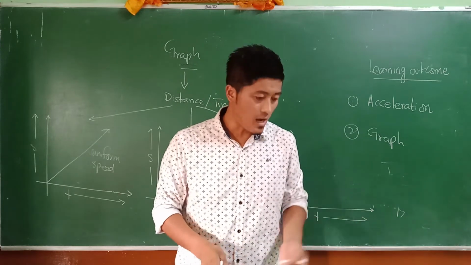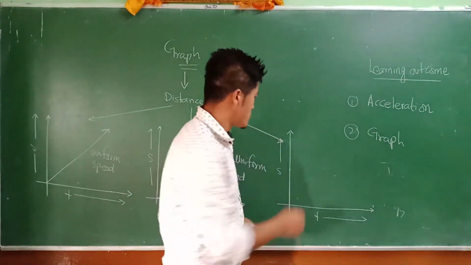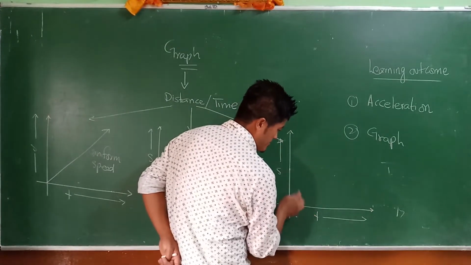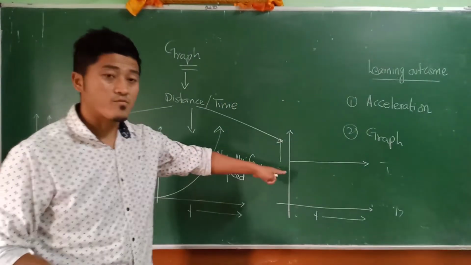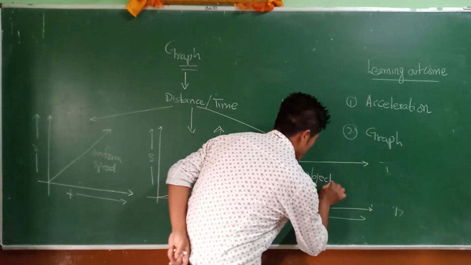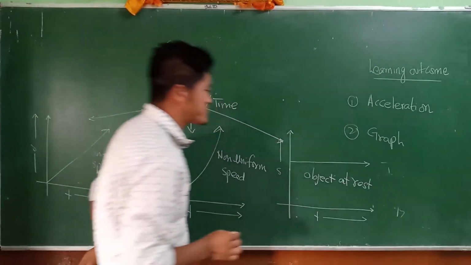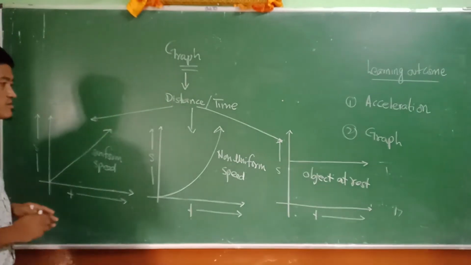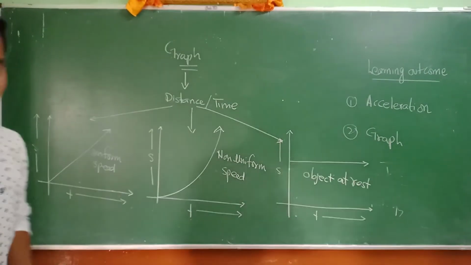Though I won't be covering any distance, the time will keep moving on. So the distance stays the same, but time moves on. This kind of graph is referred to as object at rest. Whenever the object is at rest, we draw this kind of graph. So these are the three graphs in the case of distance-time. Understand? Okay, now let's go to the next one.